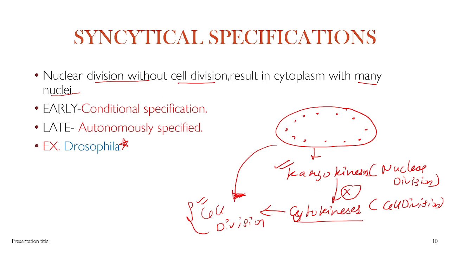Now in this case, in the early stage it is showing conditional specification, but in the later stages it gets autonomously specified. So when we study Drosophila development, we will talk about this topic in detail in our upcoming video.